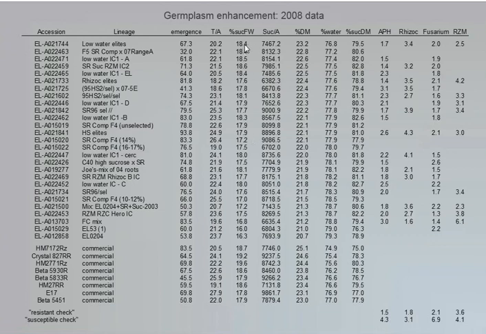Here in this column is the sucrose as a percentage of fresh weight. Typically the commercials are going to be a little higher in that respect, so we lag behind the commercial entries. And then one of the features that the sugar factories like to consider is how much sucrose they are getting per acre.